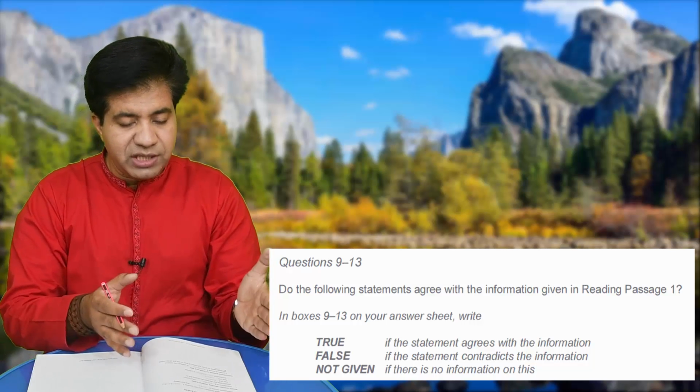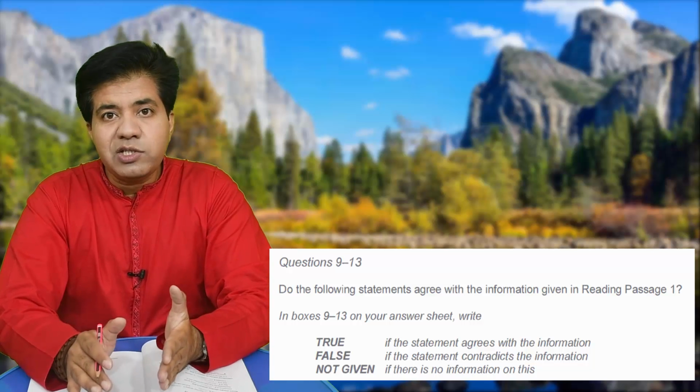So in completion there are 8 questions, in true, false, not given there are around 5 questions, right? So what I'm going to do, I'm going to start with completion and then I'll do true, false, not given in the subsequent video. Let's read the questions together, and I'm going to tell you about synonyms, about synonymous phrases, about scanning, skimming and all that stuff.